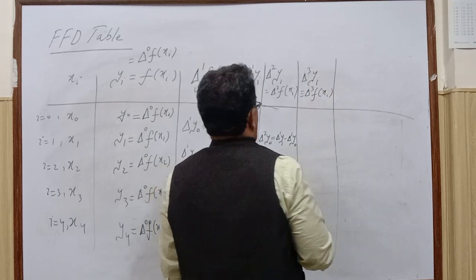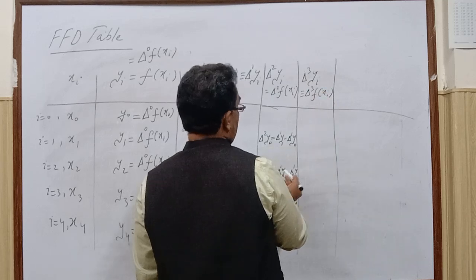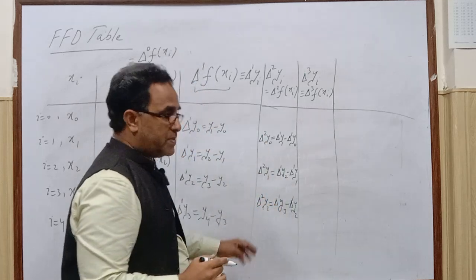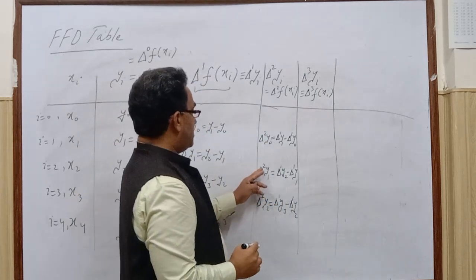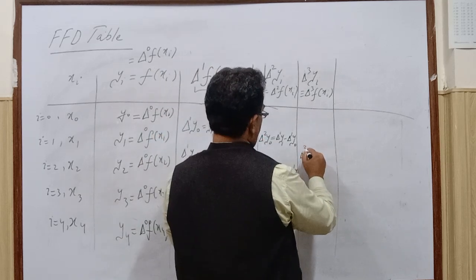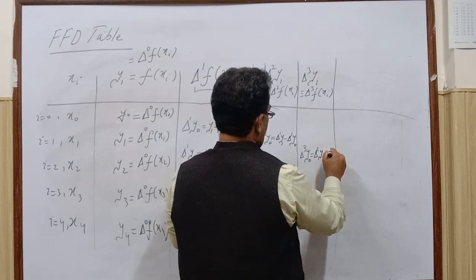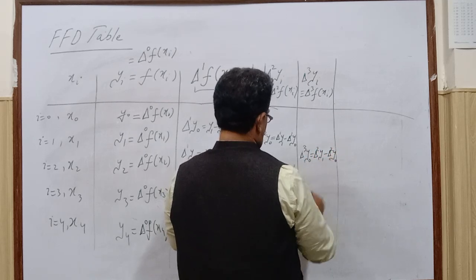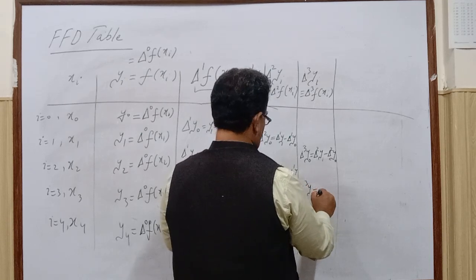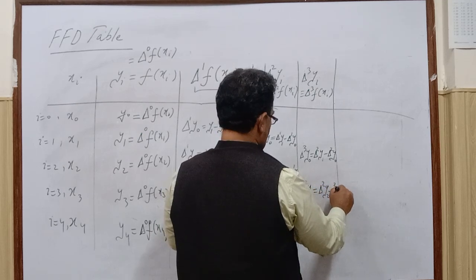In this column the third level forward finite differences can be written by using the values of the forward finite differences in the previous column, that is, delta 3 y0 is equal to delta 2 y1 minus delta 2 y0, and over here delta 3 y1 is written as delta 2 y2 minus delta 2 y1.